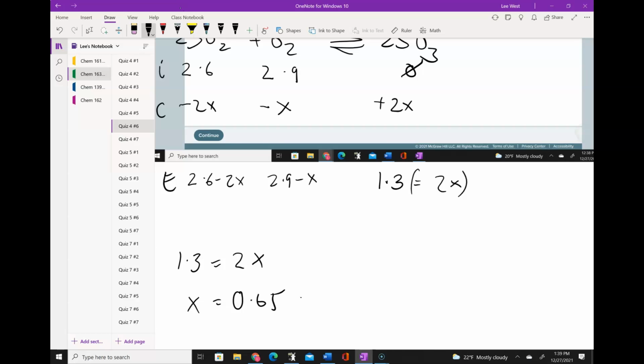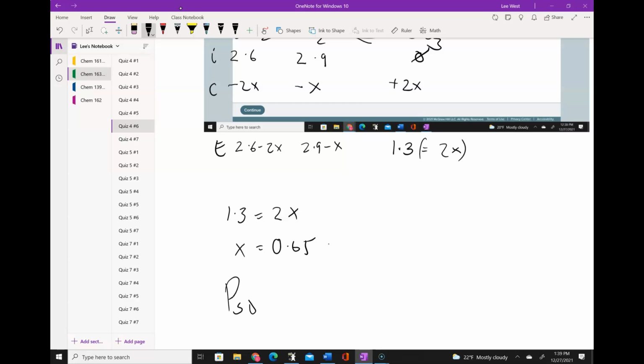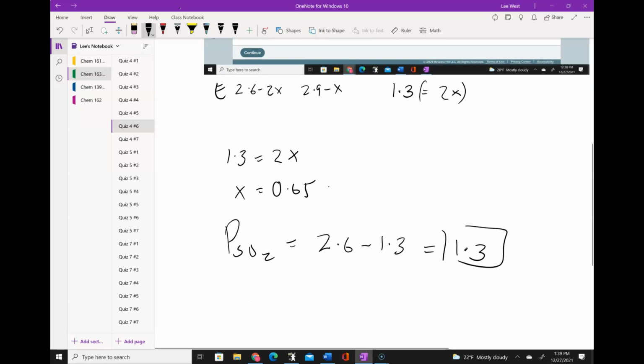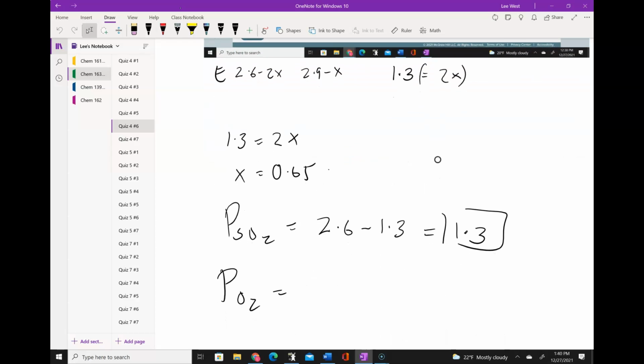So there we go, right? So the partial pressure of SO2 is going to be 2.6 minus 2x, which is 1.3. So that's just going to give me 1.3. The partial pressure of O2 is going to be 2.9 minus x, 2.9 minus 0.65.